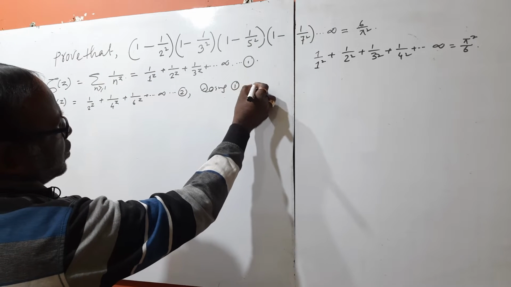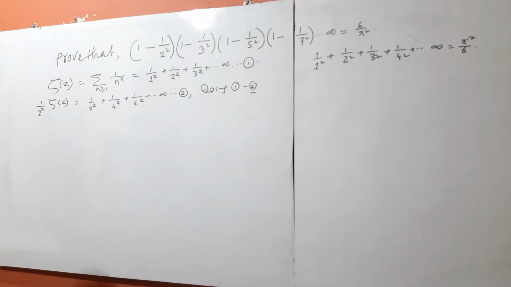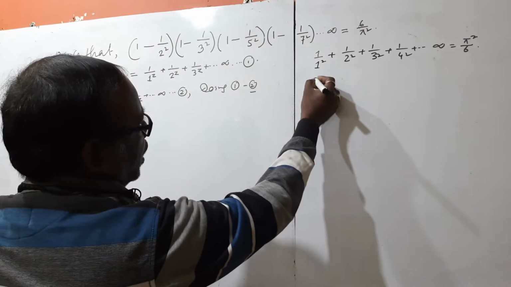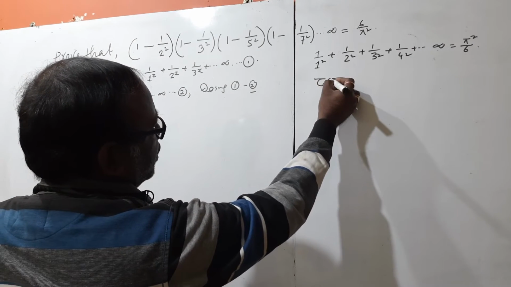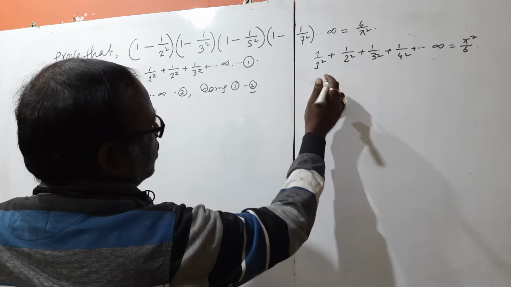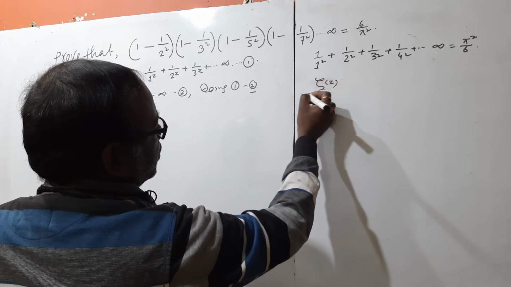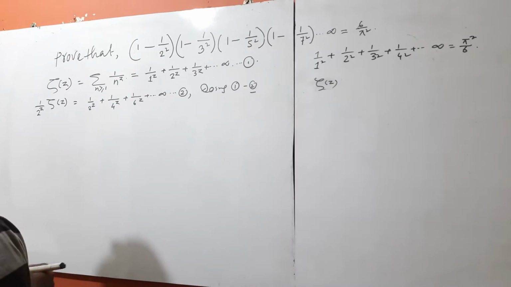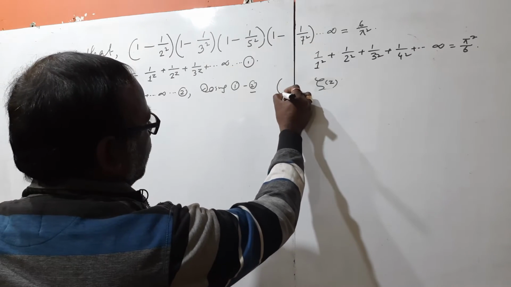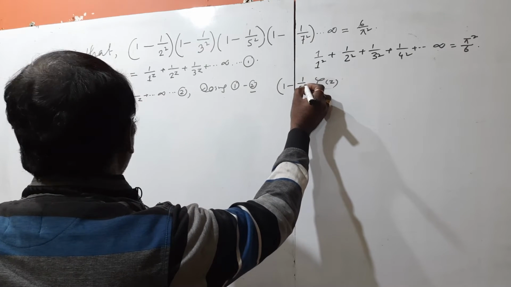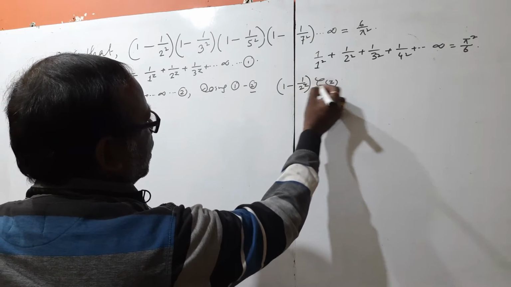Doing 1 minus 2, that is this minus this, take common the zeta function of z, so this is the zeta function of z times 1 minus 1 over 2 to the power z.